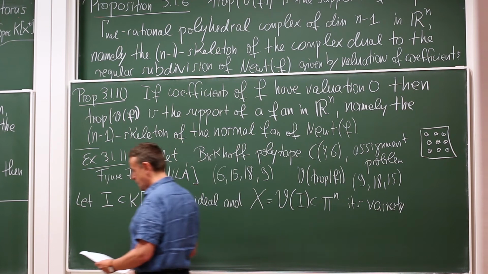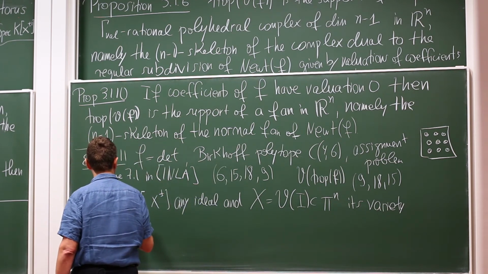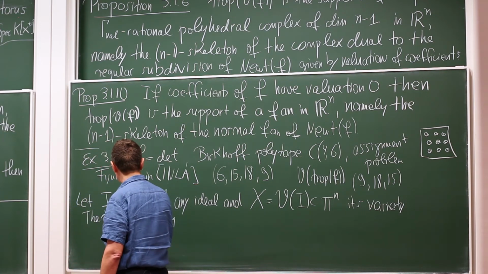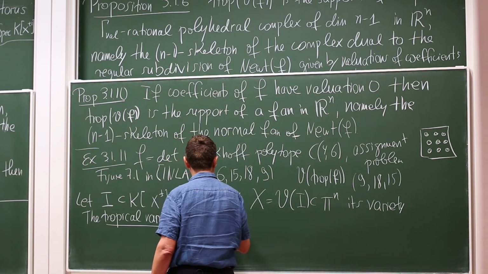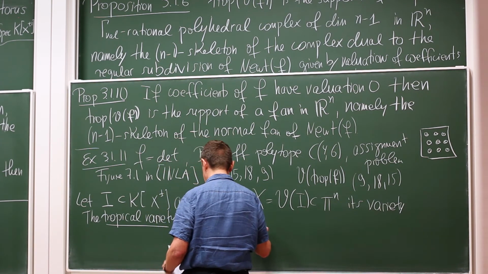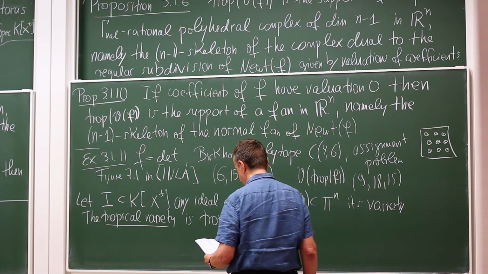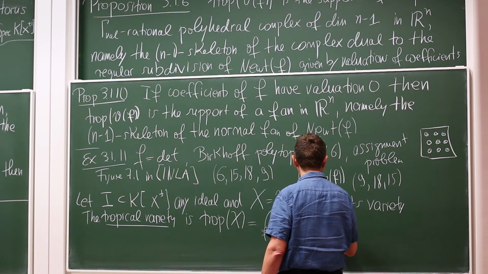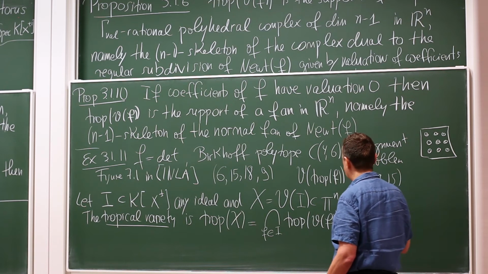Then the tropical variety, by definition, is the following set, trop X. It's the intersection over all polynomials f in the ideal of the hypersurfaces we discussed during the last 30 minutes, and that's a subset in R^n.